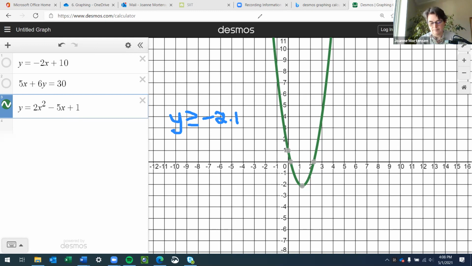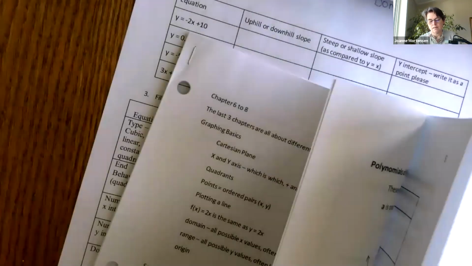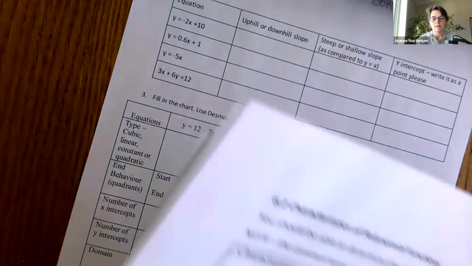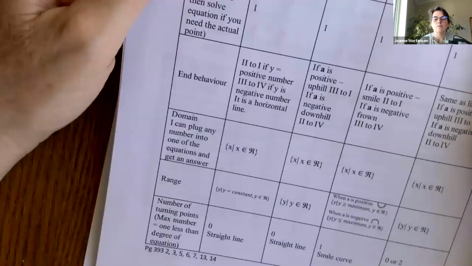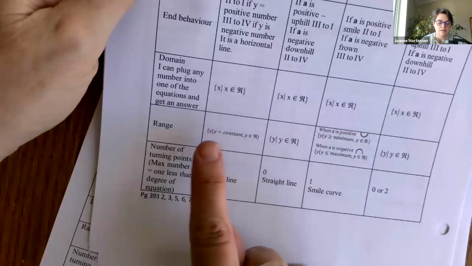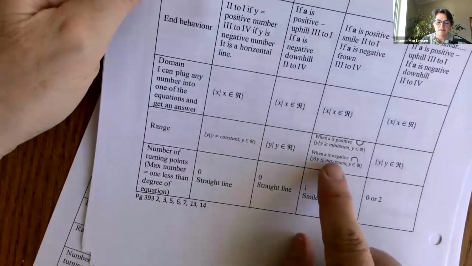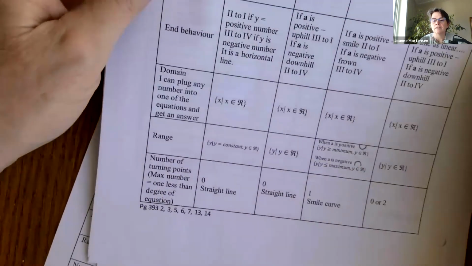That part, this part with the range, is in your booklet. Your next new favorite page is this one. If you go down to the bottom, it talks about range. It tells you if it's a constant, linear or cubic, it's y is an element of the reals, but it's the quadratic one that's the most interesting.